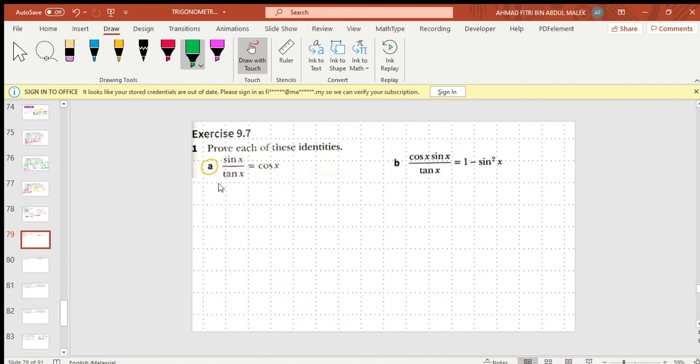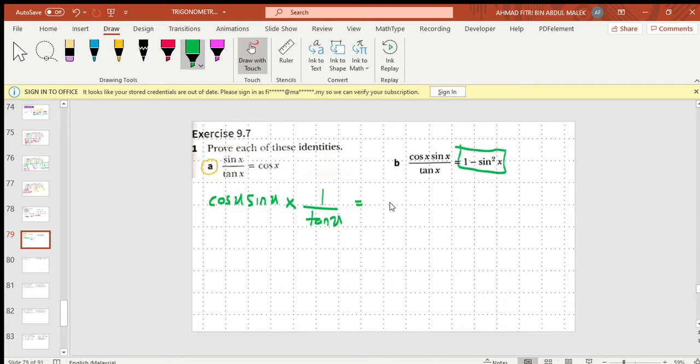So I remain with 1 over tangent x to get this part.